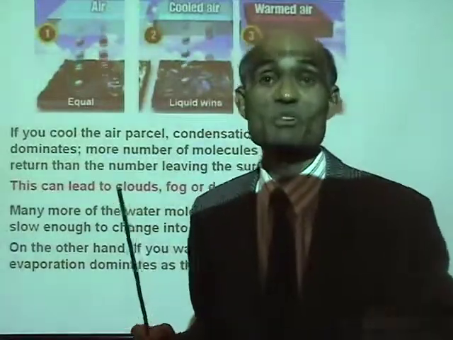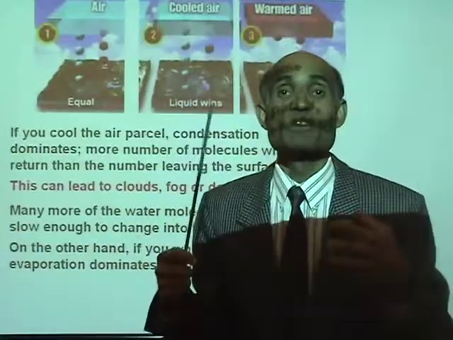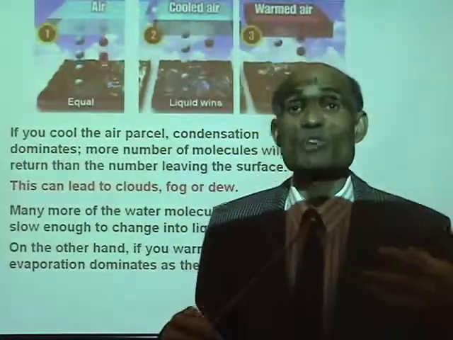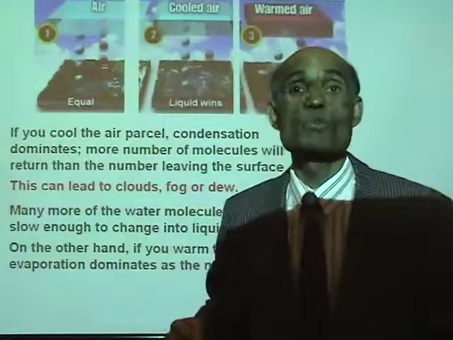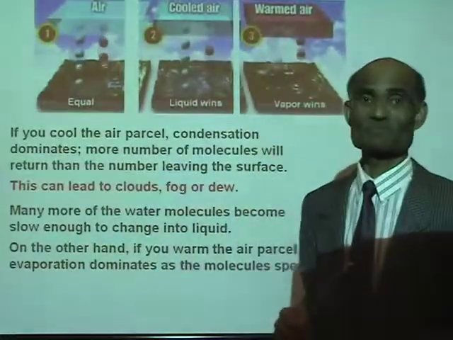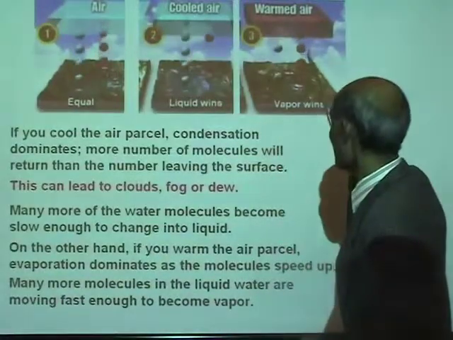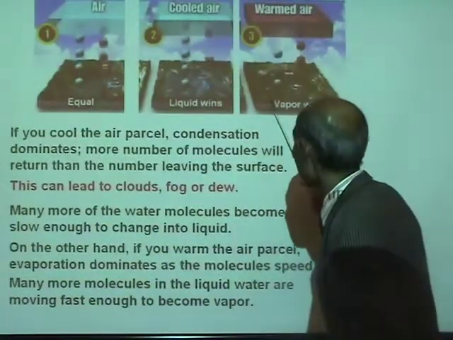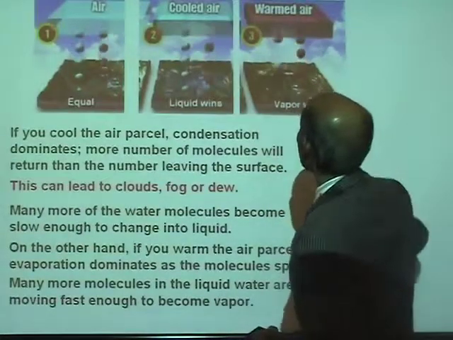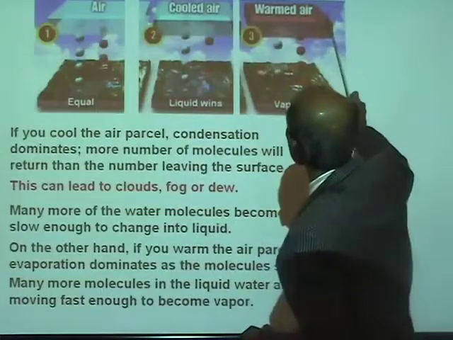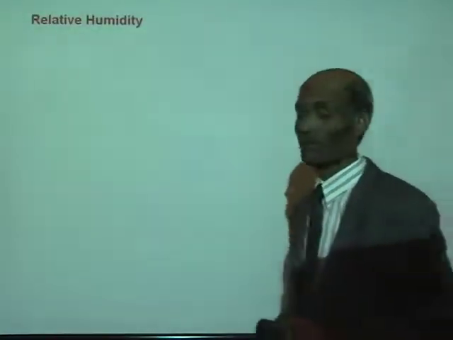So the temperature of the air actually determines whether the rate of condensation or the rate of evaporation will dominate. Now, many more molecules in the liquid are fast enough to evaporate. More molecules will leave the liquid than the ones that return.